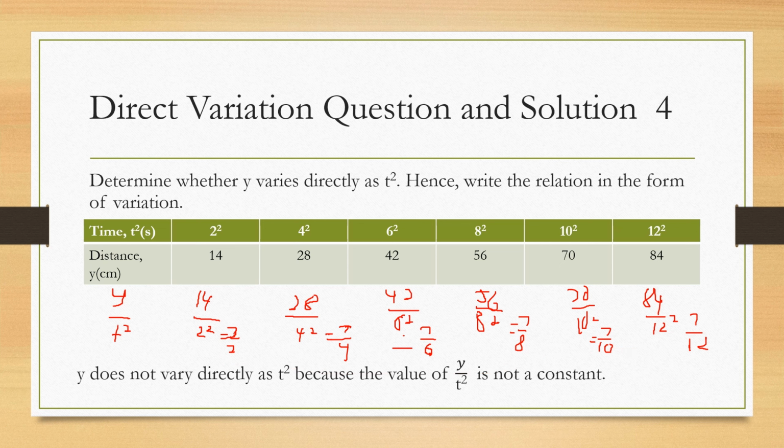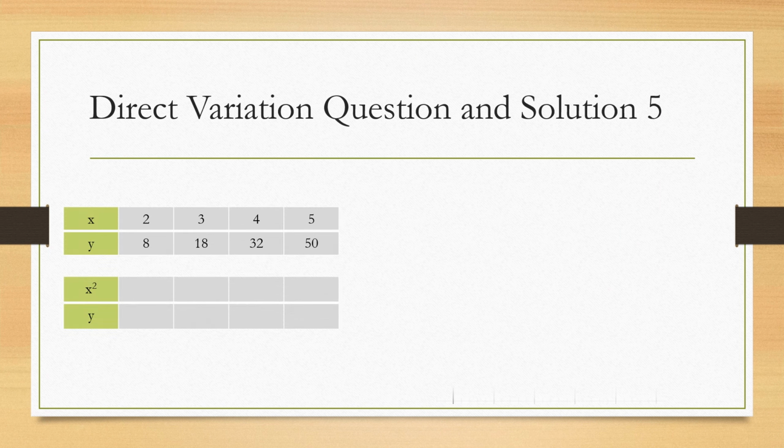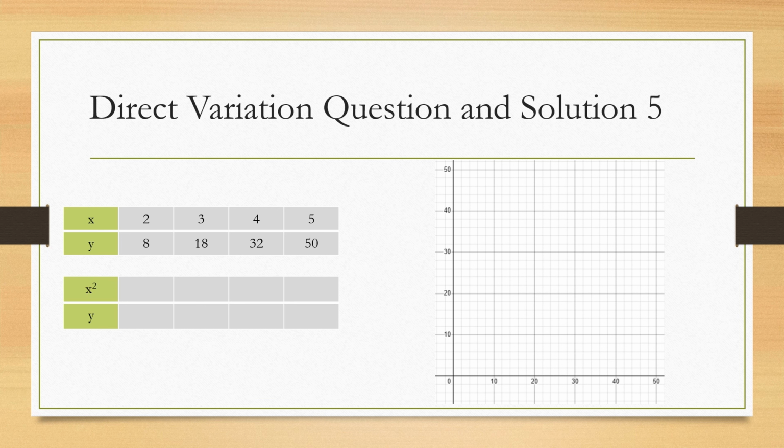Okay. Next, for question and solution 5, we need to plot the graph. This is 8, 18, 32, 50, and this is x. We need to exponent it power 2.